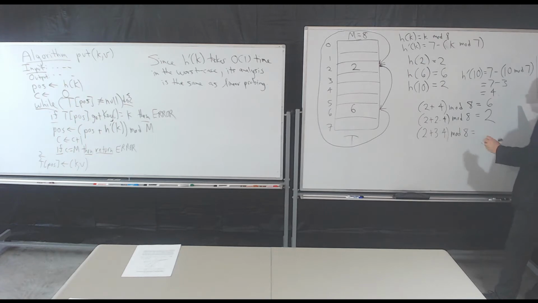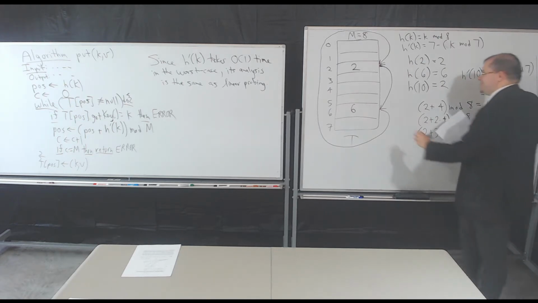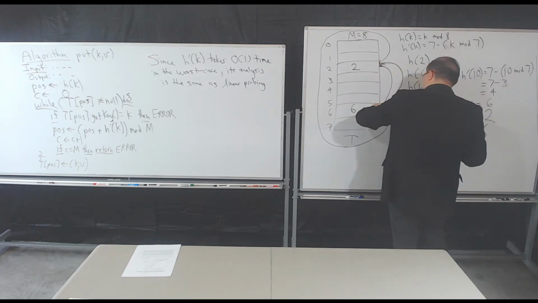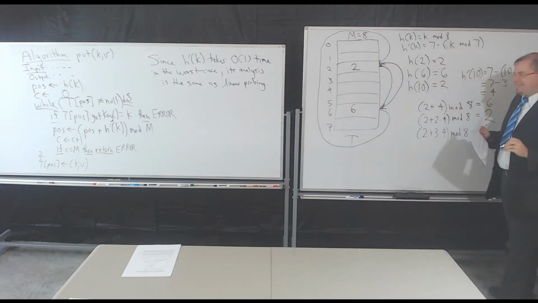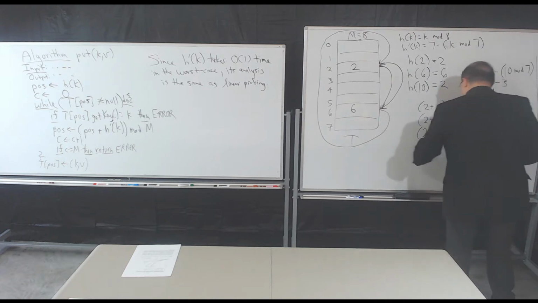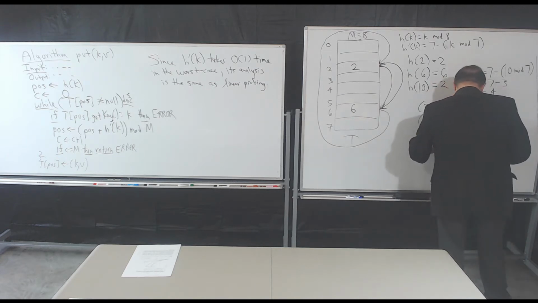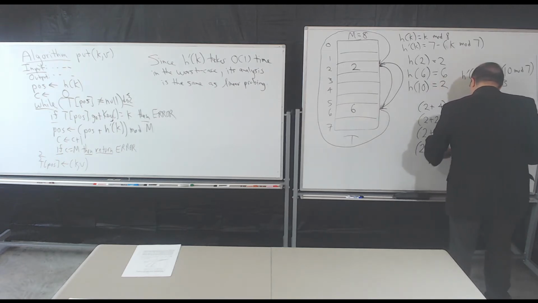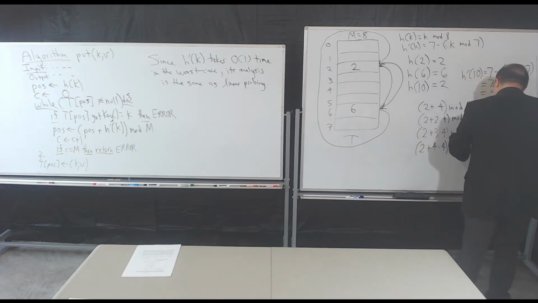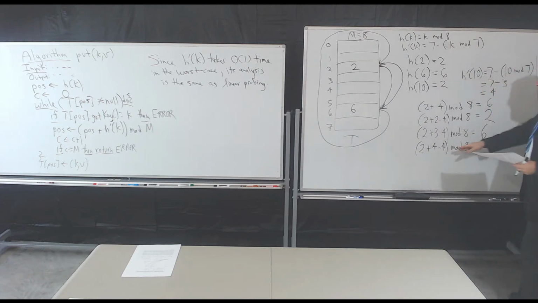So 14 mod 8 must be 6. I'm back to 6. Okay, let's just make sure. Let's go 2 plus 4 times 4, mod 8. We got 16 plus 2, that's 18. Mod 8, that is 2.